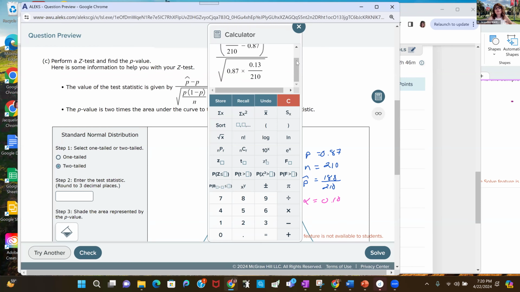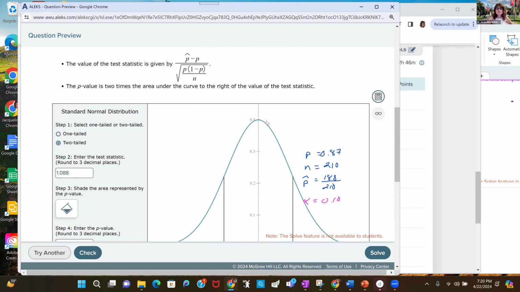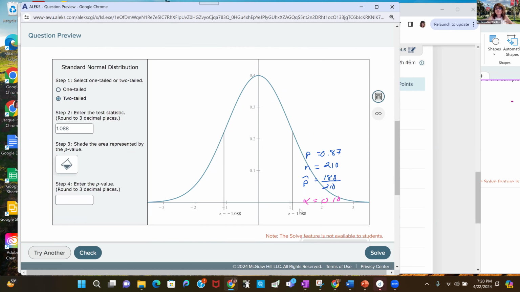Okay, and this gives us our test statistic, 1.088. Okay, it's a two-tailed test. So notice we have 1.088 and then the opposite.